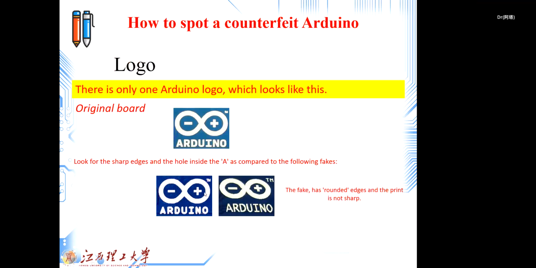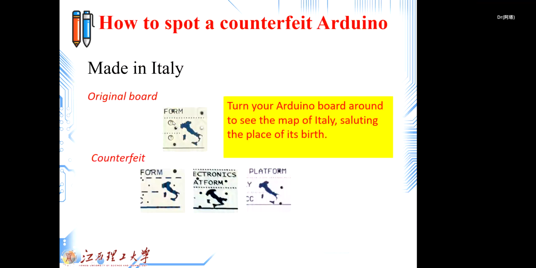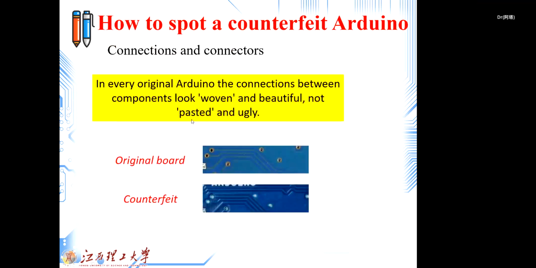The logo of Arduino, if they didn't print it properly, especially the letter A, is something the company uses to find out whether it's fake or original. The map of Italy, the birthplace of Arduino, should be proper, which in the fake one you will see is not correct.